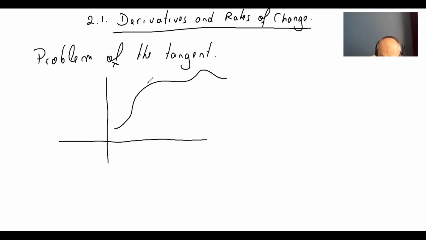It could be any function. You take a point here, let's say a point on the x-axis, and to get a concrete number, instead of A, let's put 2. Then of course you have a point (2, f(2)) on the graph. This is the graph of the function y equals f(x).